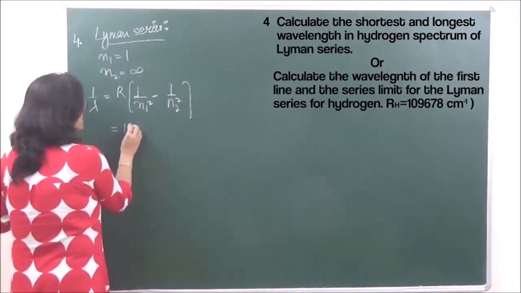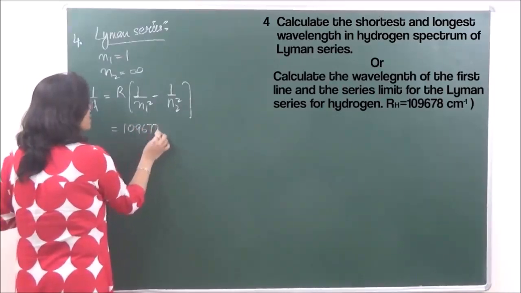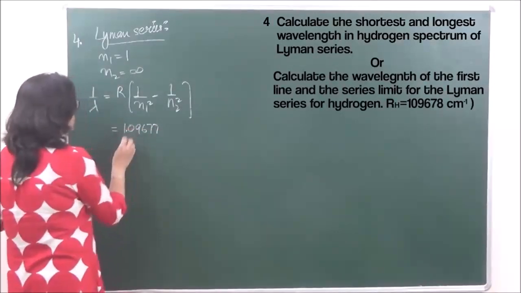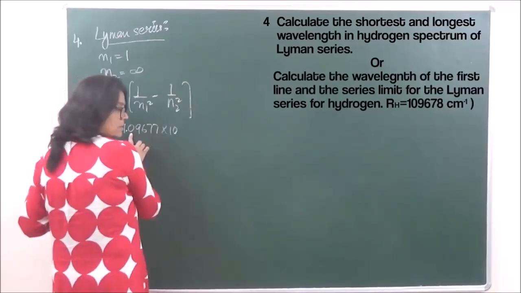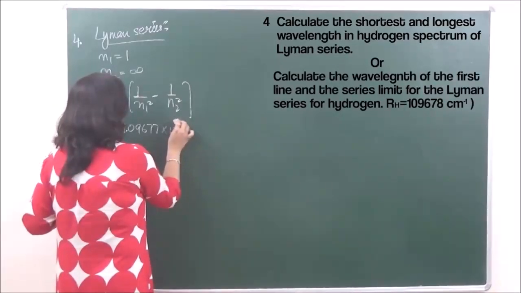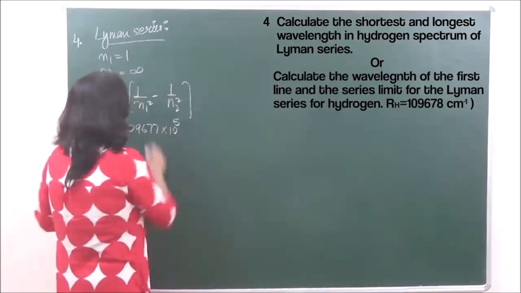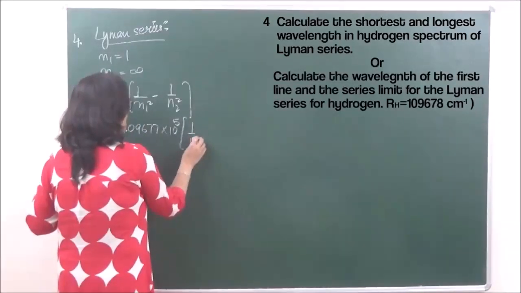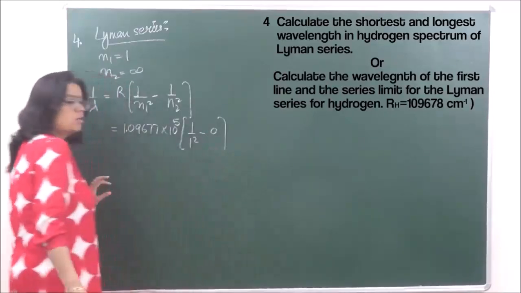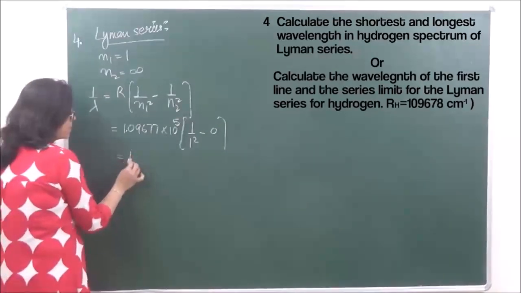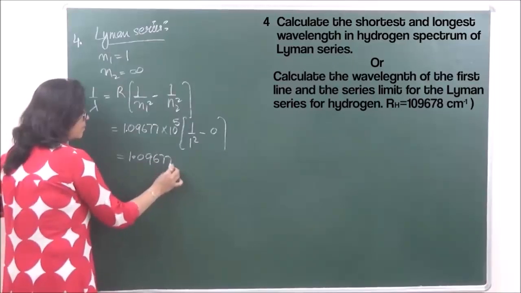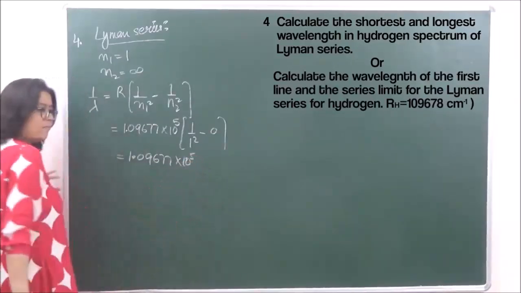The value of R is 109677. Okay? Or you can also put it as 1.09677 into 10 raised to power 5. We can take this into 1 upon 1 square minus 0. Right? So this is going to come as the same, 1.09677 into 10 raised to power 5.